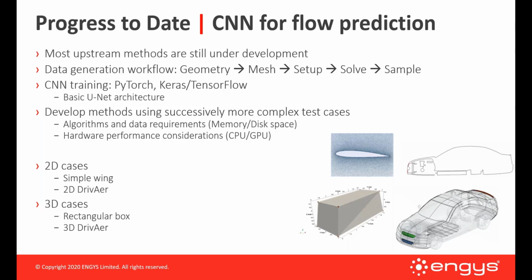The plan is to develop these methods, these U-Nets, the workflows, and also the outputs and the different metrics that we use to test accuracy, through successively more complicated test cases. Obviously, you want to get your methods robust and reliable before you go to the most complex cases. What we've found is that a lot of these methods use a lot of memory.